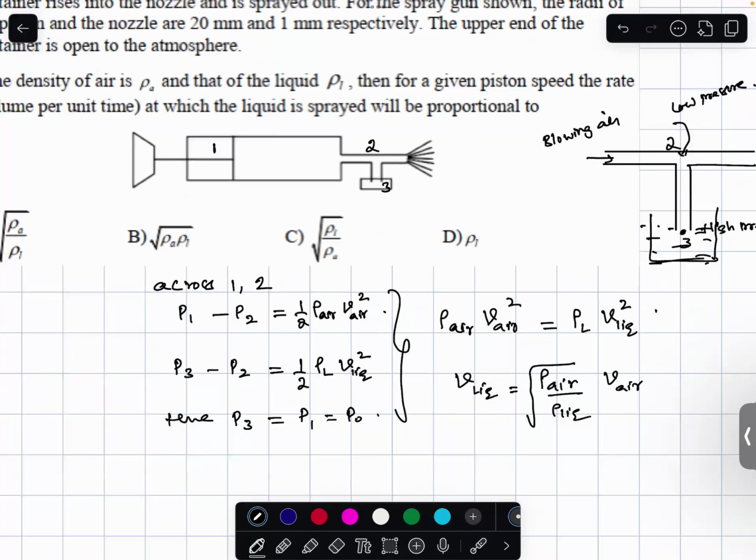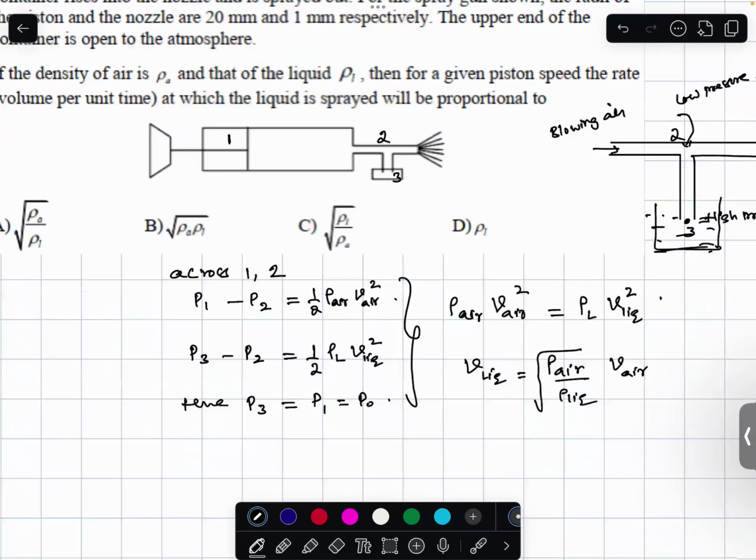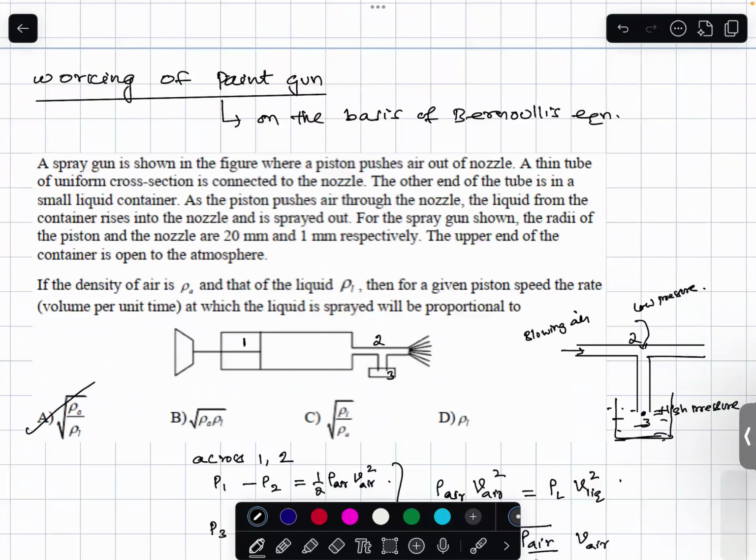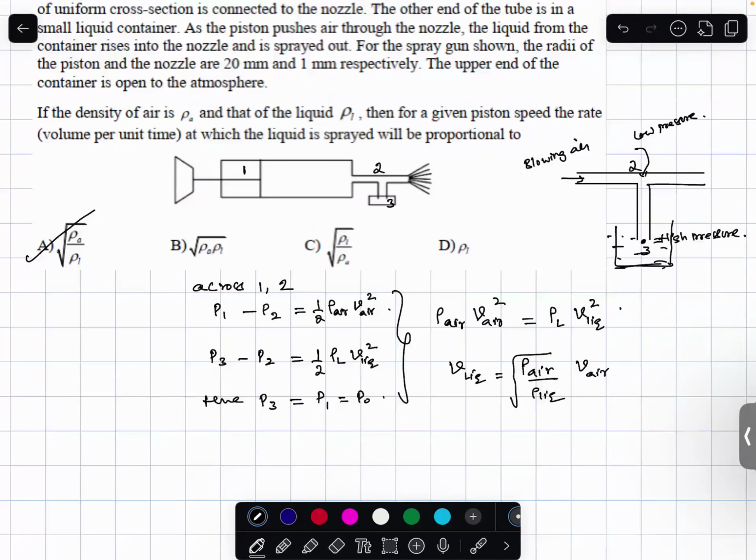So this is the working principle of the paint gun. Any doubt, please ask me. A part of Bernoulli's equation I have answered right now. Next.